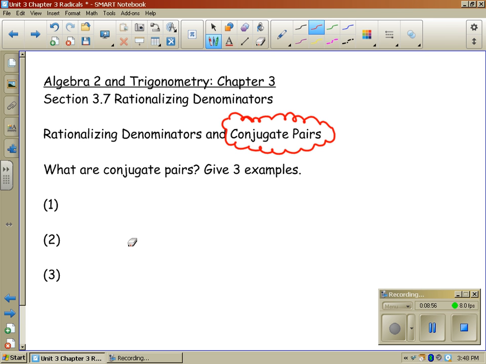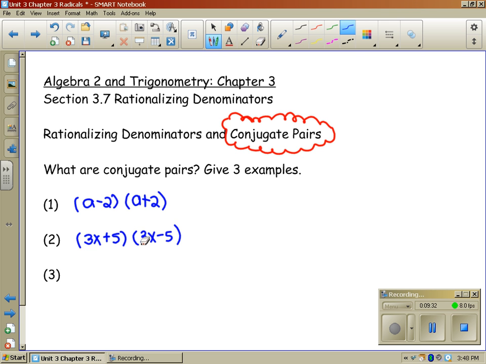Conjugate pairs are binomials that have the sign in between them, one is plus, one is minus. Such as a minus 2, a plus 2. They're conjugate pairs because the a's match, the 2's match, the signs are opposite. 3x plus 5, 3x minus 5.